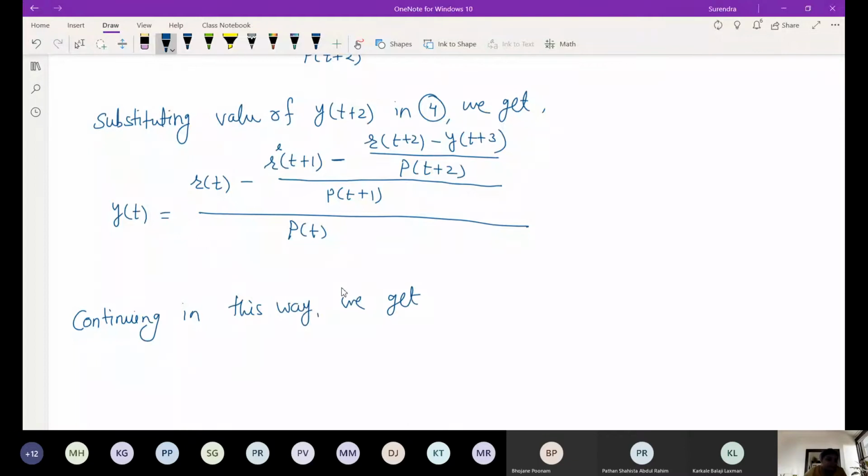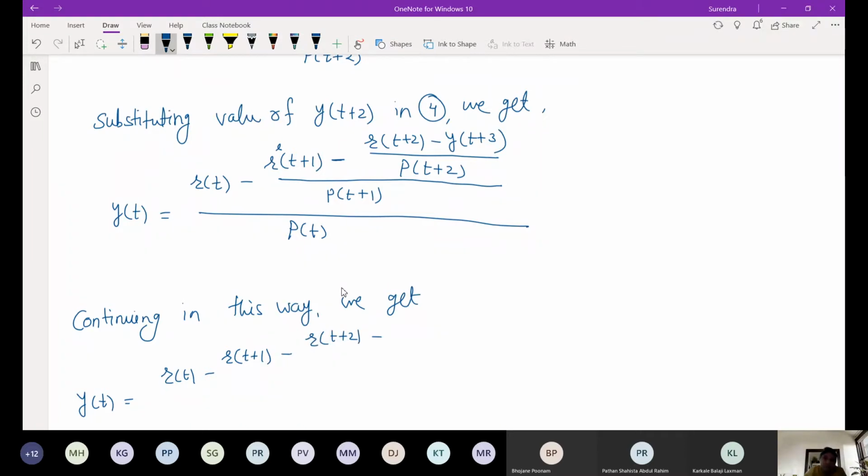Y t is equal to r t minus r at t plus 1 minus r at t plus 2 minus, again what will be here now?